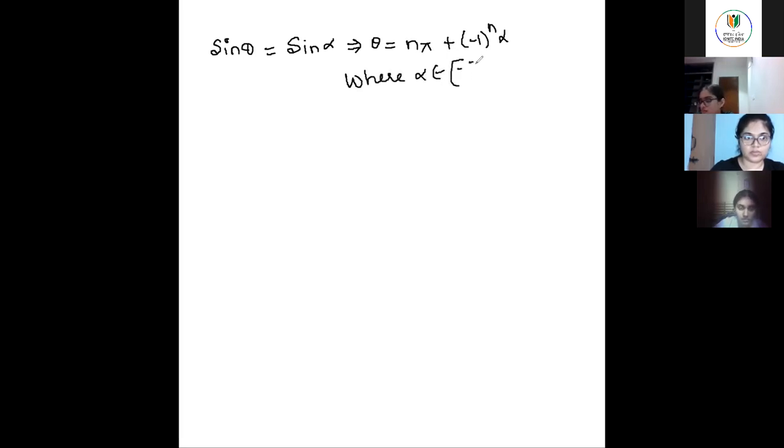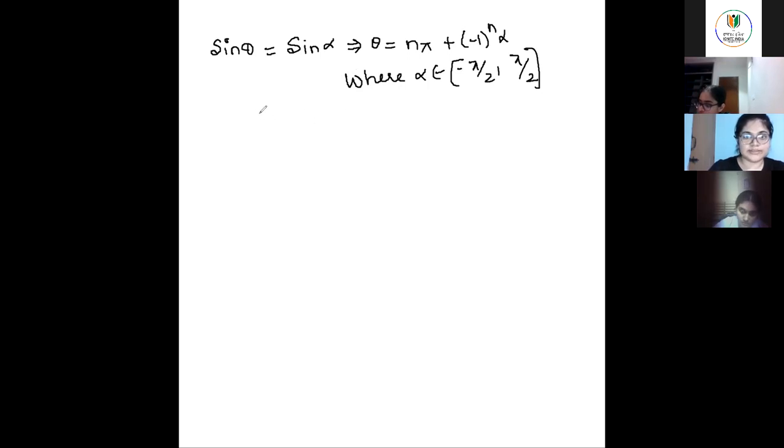Sine theta is equal to sine alpha. That indicates theta is equal to n pi plus minus 1 to the power n alpha, where alpha can be from minus pi by 2 to pi by 2 only.